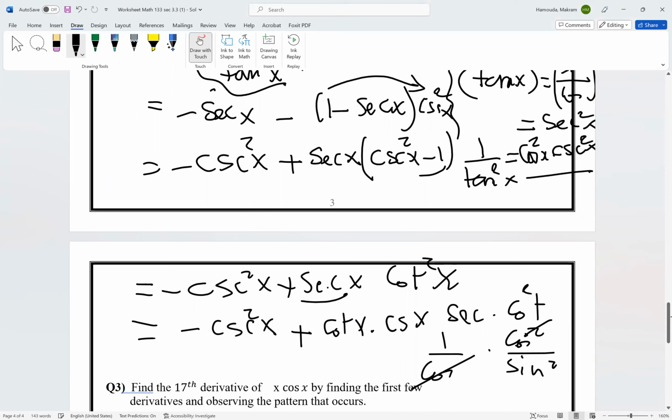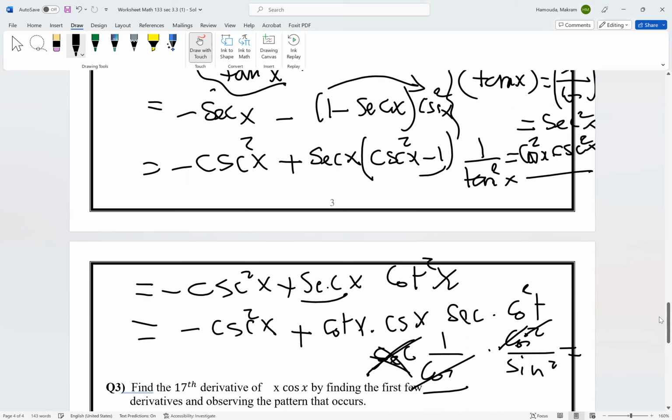This is exactly what we found here when we multiply by secant. So the cosine will disappear with the secant, and that's what we did here with this secant, no need to multiply.